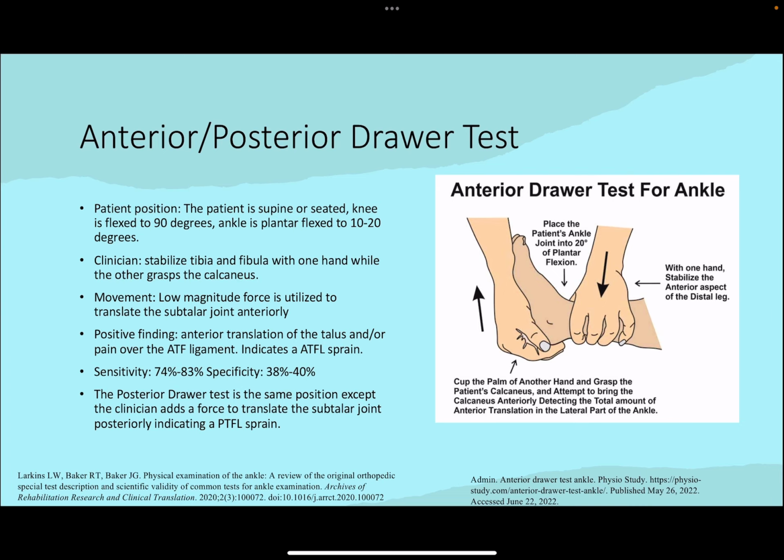A positive finding is anterior translation of the talus and/or pain over the ATFL for the anterior drawer, and for the posterior drawer, it is posterior translation of the talus and pain over the PTFL ligament. So a positive anterior drawer is an indication of an anterior talofibular ligament sprain, and for posterior, it's indicating a posterior talofibular ligament strain. The sensitivity for these tests is 74 to 83%, and the specificity is 38 to 40%.